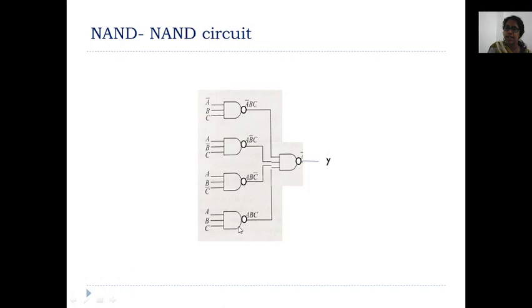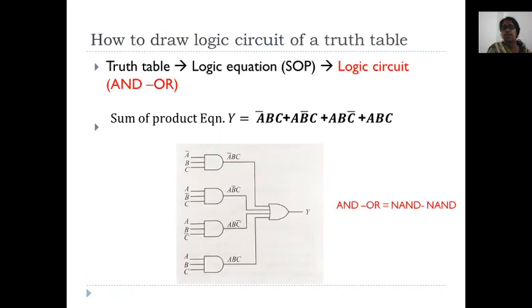No other changes are required. Inputs, everything is the same, and the OR gate is also replaced by a NAND gate. So a sum of product equation can be represented by both an AND OR circuit and a NAND circuit. I think you got the point.